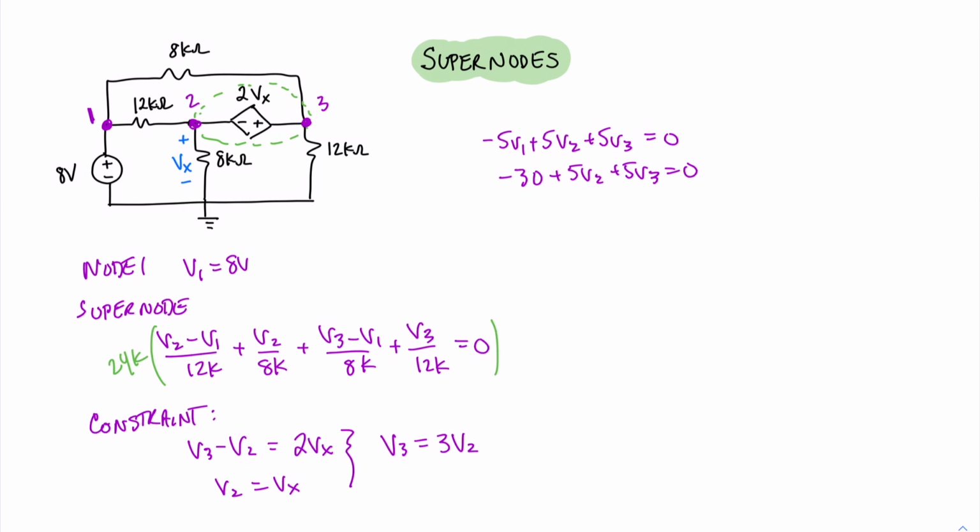Then plugging in for V3, which is equal to 3V2, we get 5V2 plus 5 times 3V2 equals 40. That gives us a total of 20 V2s equals 40, and that means V2 equals 2 volts. And now 3 times that is V3, so V3 equals 6 volts.